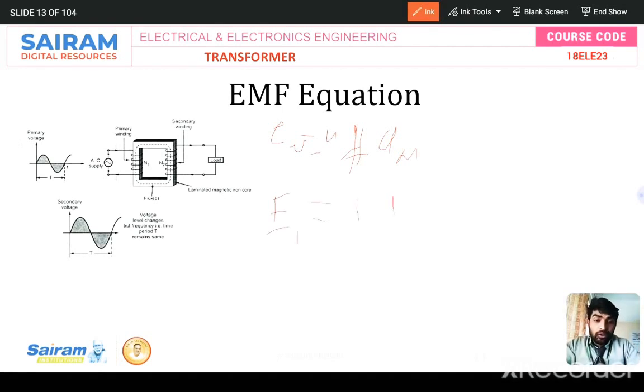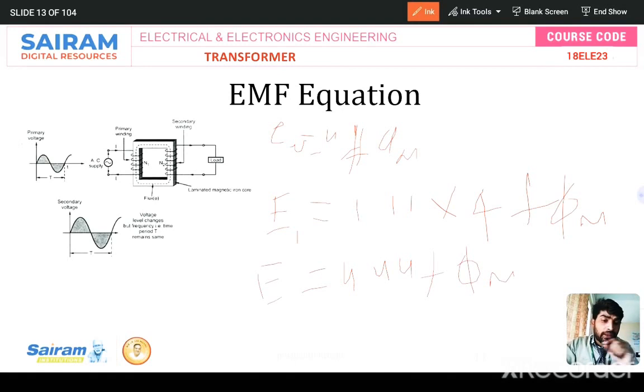So 1.11 into 4F phi m, and multiplying you will get 4.44 F phi m, right? And E1, the induced EMF in the primary side, multiply by N1, in volts. This is the EMF equation of the transformer primary side, E1.